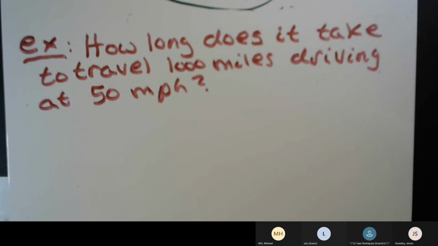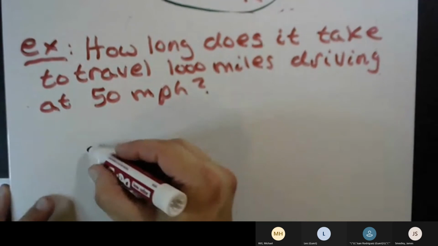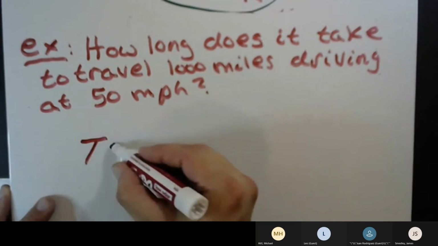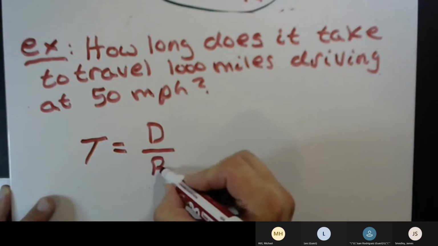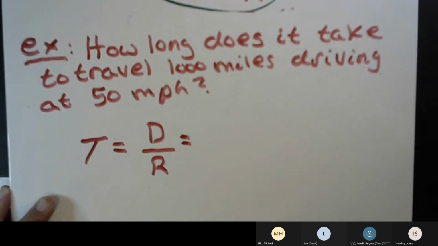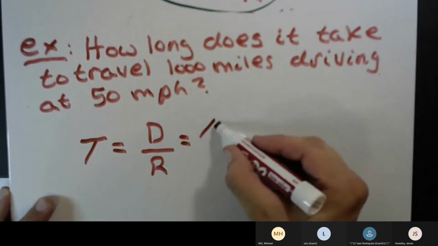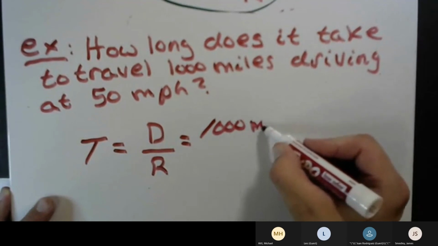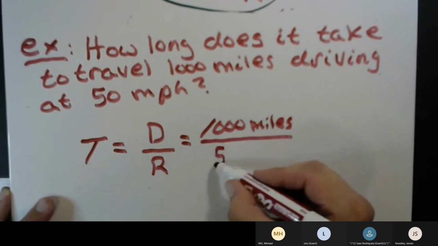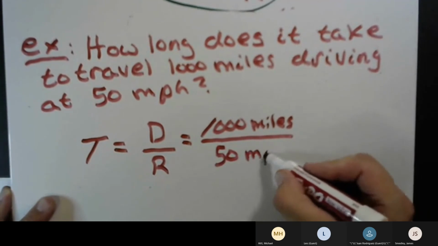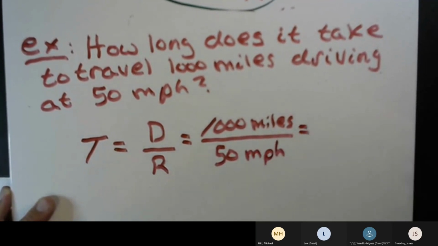But we're looking for time. When they ask how long does it take, they're talking about time. So we're going to use time is distance over rate. Or in this case, 1,000 miles over 50 miles per hour.